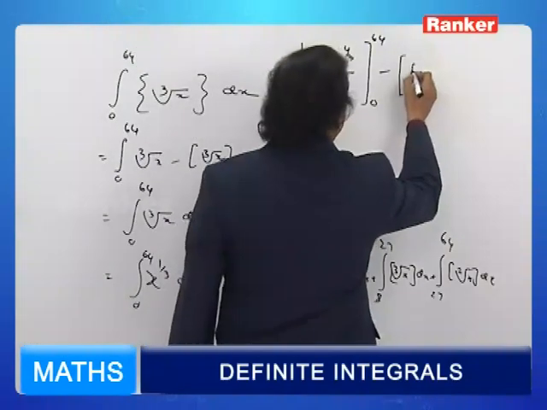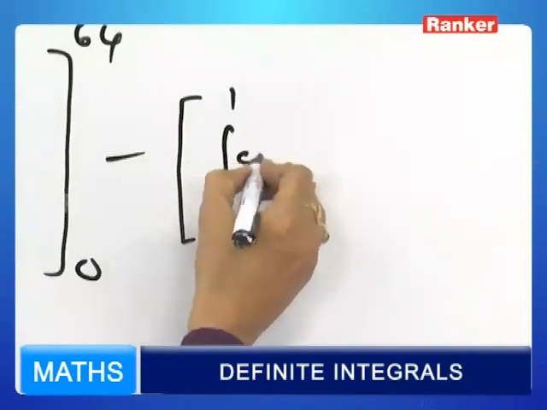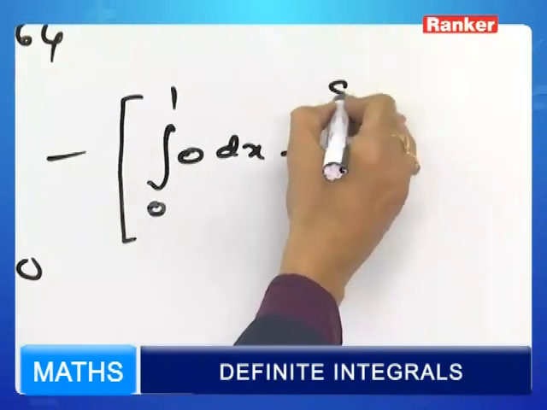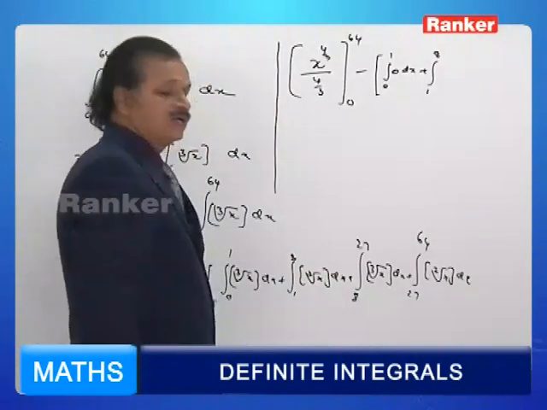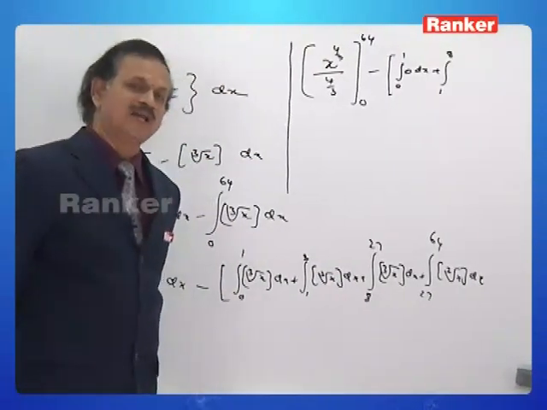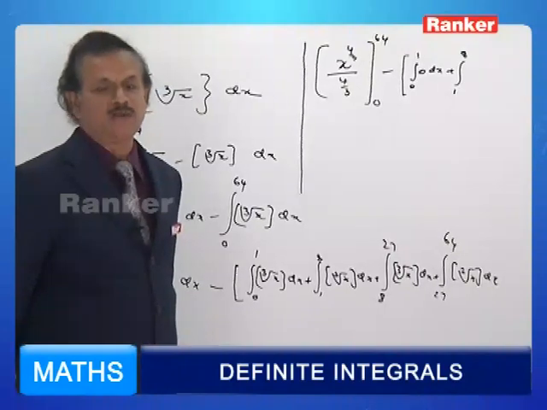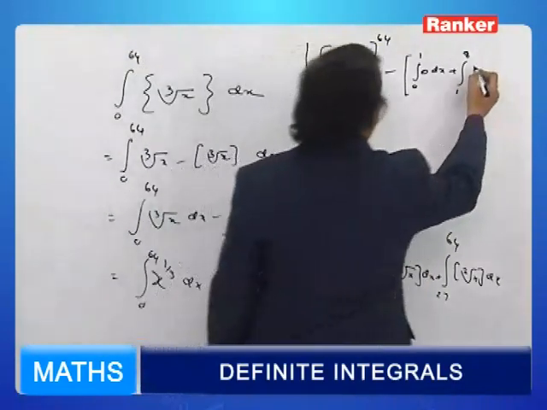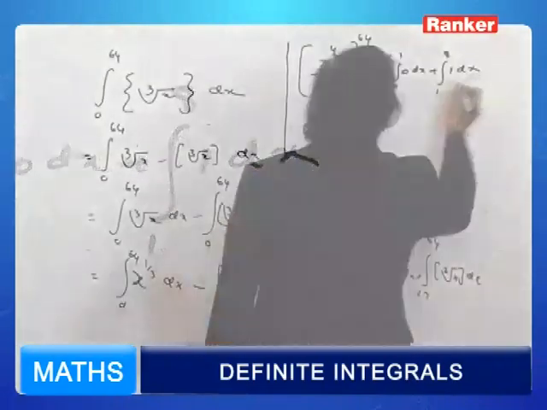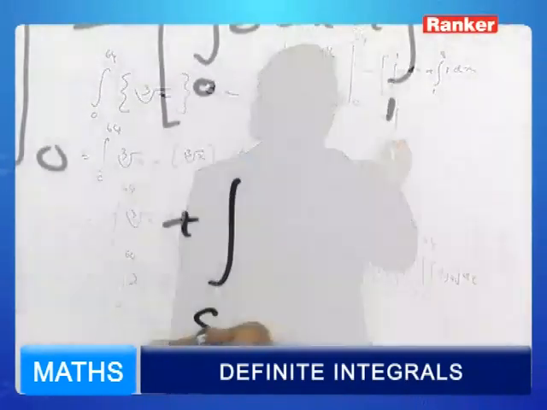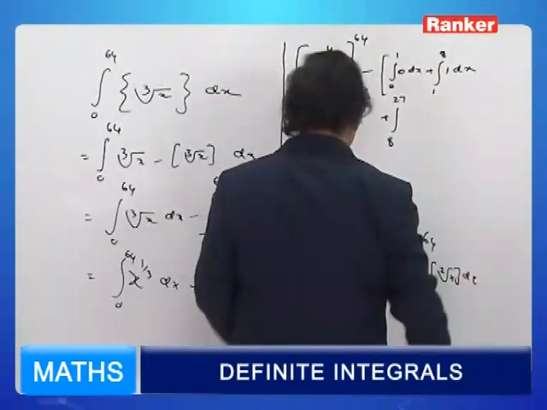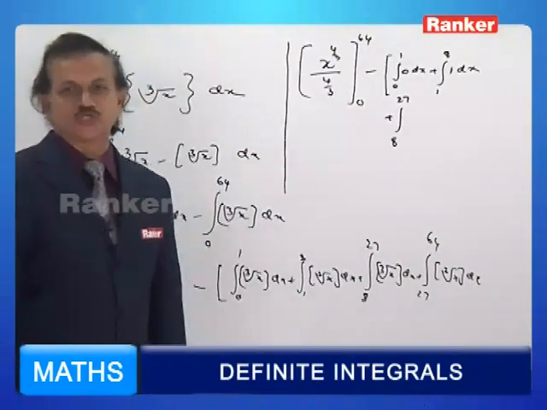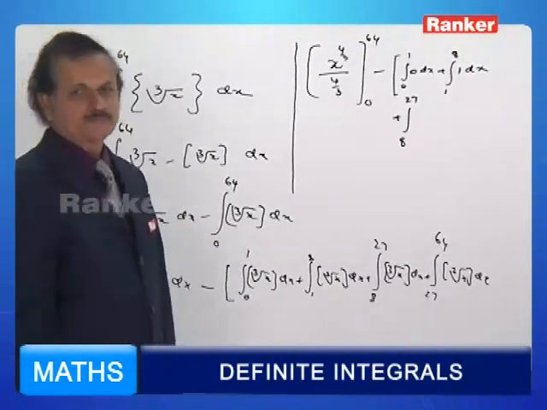Therefore, integral 0 to 1 of 0 dx plus integral 1 to 8. Come on friend, cube root of x between 1 and 8, what will it be? It will be 1 point something. Hence its integral part is 1 dx, plus integral 8 to 27. Between 8 and 27, the cube root of x is 2 point something, isn't it?